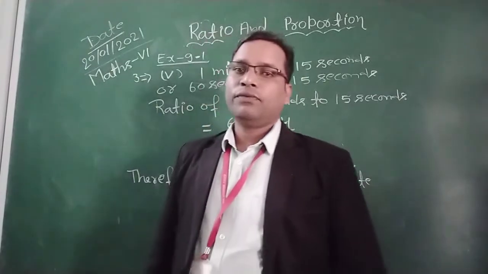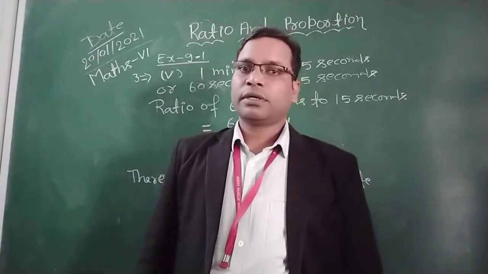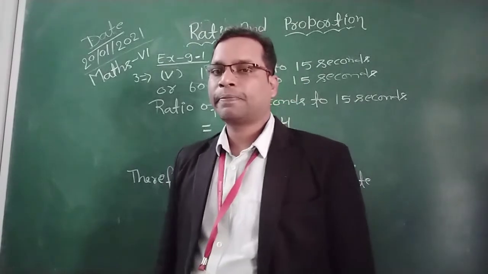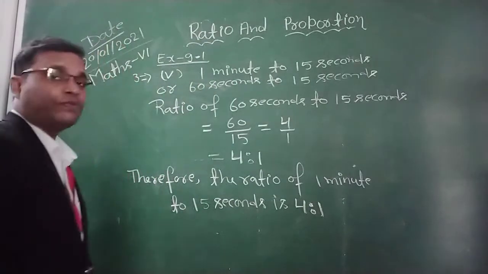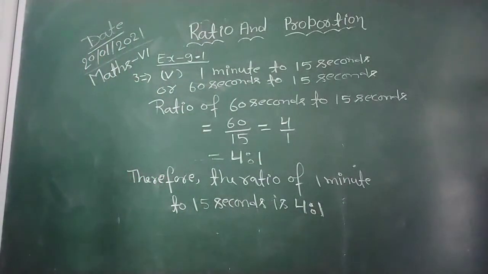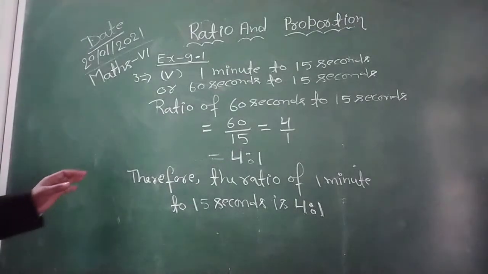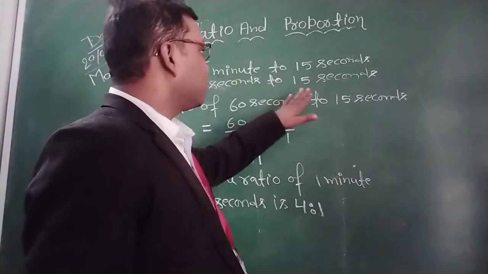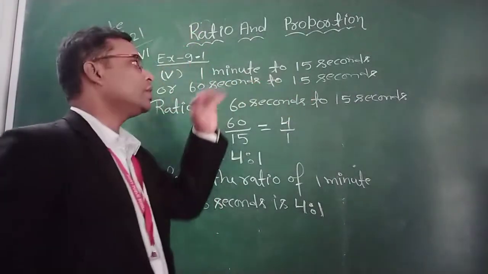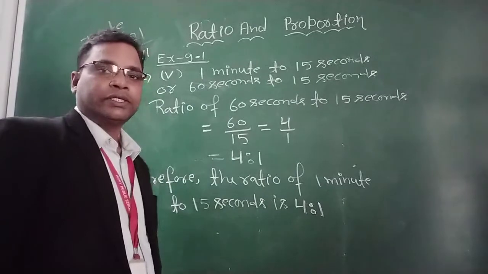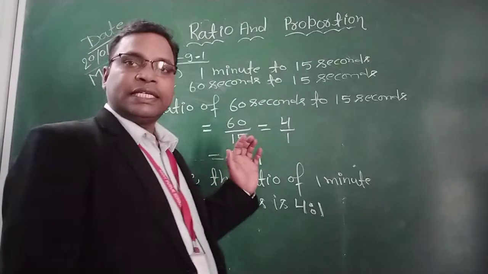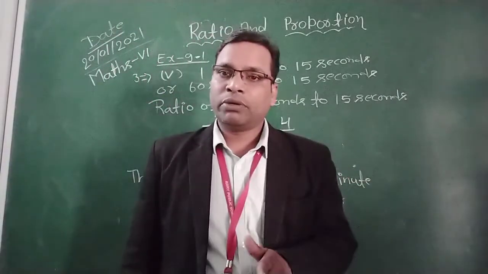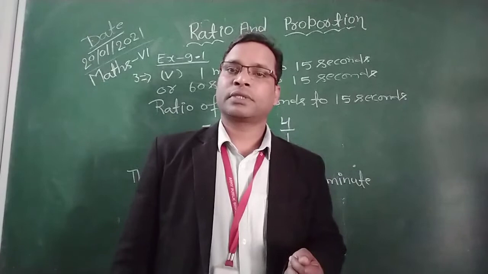Now we are going to discuss the last part, the sixth part of this question. In this question you can see we need to find the ratio of 1 minute to 15 seconds. But you know very well 1 minute is equal to 60 seconds. So we find the ratio of 60 seconds to 15 seconds. So for this 60 by 15, and also you know very well 60 is a multiple of 15, 15 times 4 is 60.